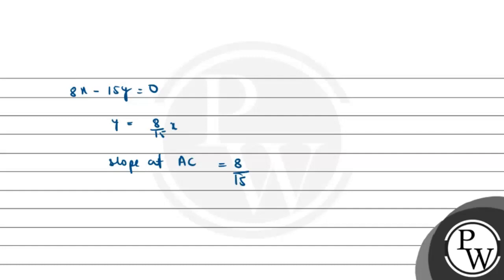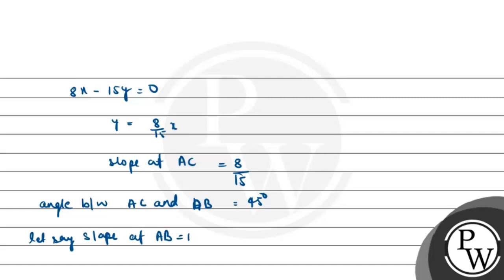Now we have the angle between AC and AB, and that is 45 degrees. Then we can find the slope. Let's say the slope of AB is equal to m.